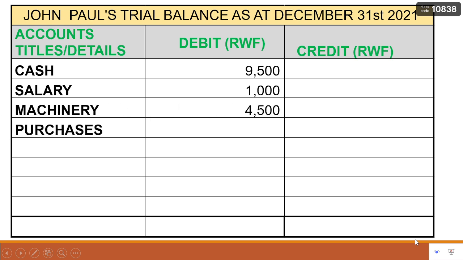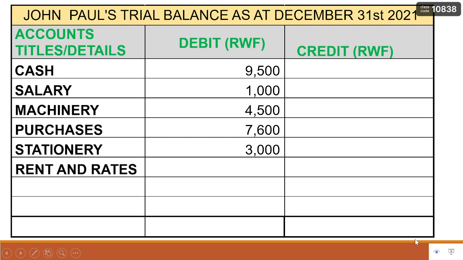Here we have purchases. When you bring goods to an organization, this is part of assets. It is listed under debit. Then we have stationery. It is also listed under debit because it is an expense. Rent and rates are also listed under debit because these are expenses.